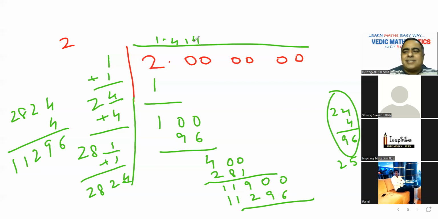So now what is the answer? 1.414. Yesterday we got 1.5. Now we cannot say that technique was wrong. The only thing is they are not going very deep into the number of decimal places. It is just a rough value. But here it is more precise. Clear?